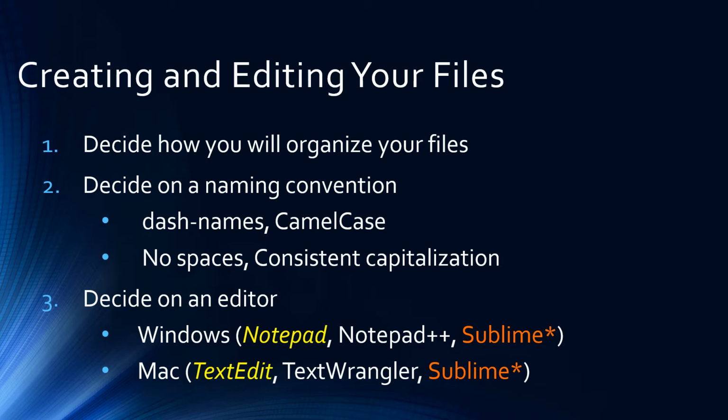If you have two words you want to put together, use underscores to connect them or use something we call camel case, where you capitalize the first letter of each word. Just remember, never use spaces and be very consistent about your capitalization if you are going to use it.